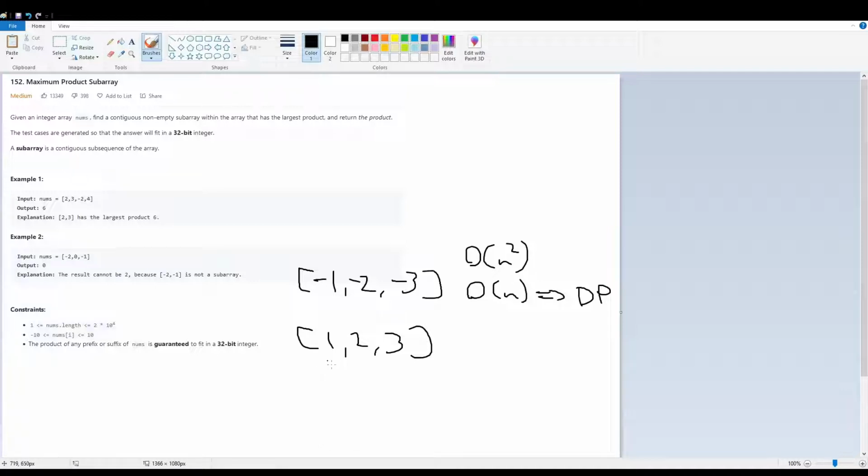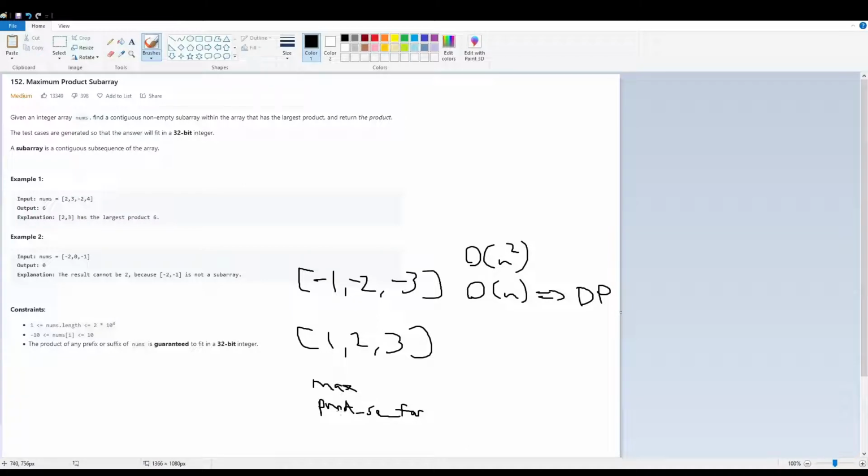We would just go through the array and of course find the maximum product. Well, what we would do is keep a max variable and a prod so far variable, and update the max as we go along and update the product so far variable as we go along.